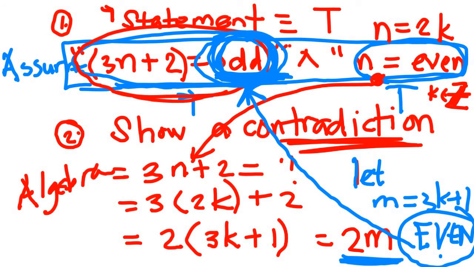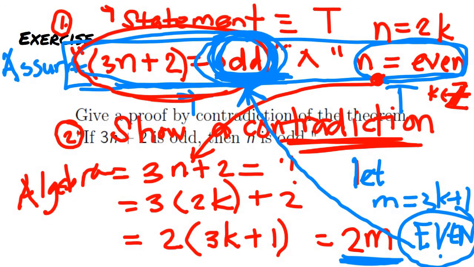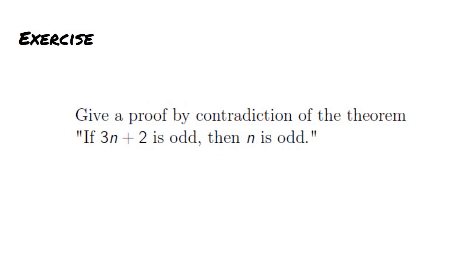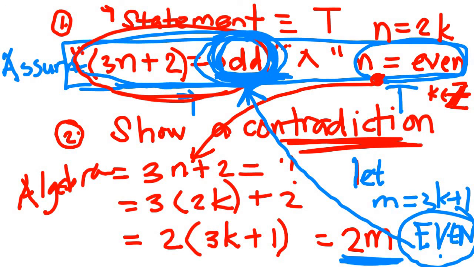Therefore, by contradiction, the original statement, if 3n + 2 is odd, then n is odd, is proven to be valid. And again, that is by showing a contradiction. So that's it.